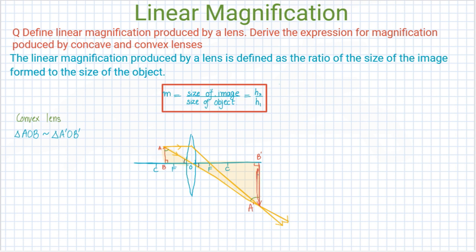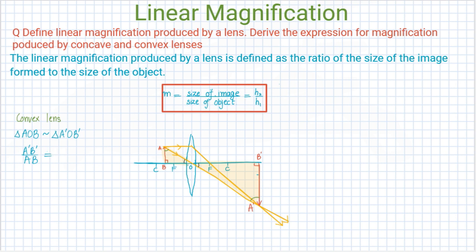So I can write down the ratio of the equal sides, A dash B dash divided by AB, should be equal to the ratio of the other corresponding side.